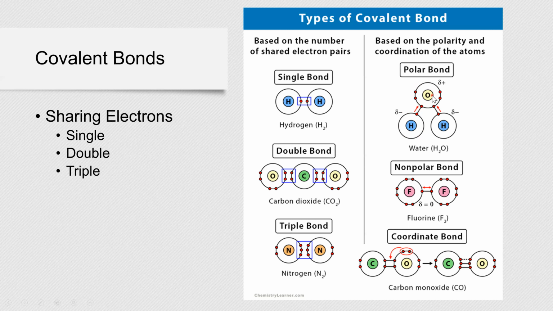So it has a bigger nucleus, right? It has some other electrons over here in the outer shell. So the attraction of electrons to the oxygen is stronger, and electrons spend more time around oxygen and less time around hydrogen. And then they form the polar bond.